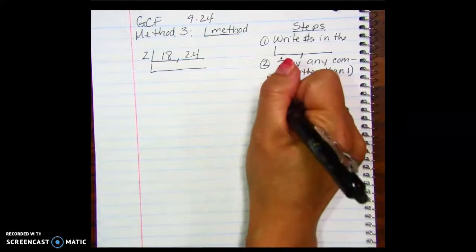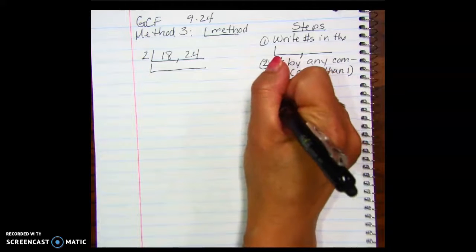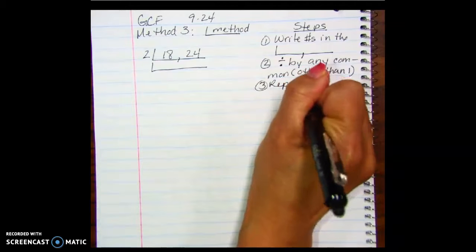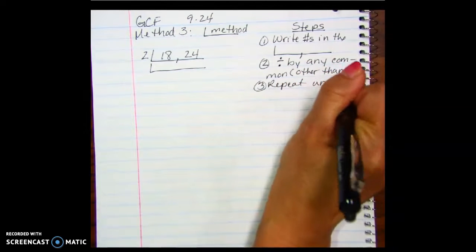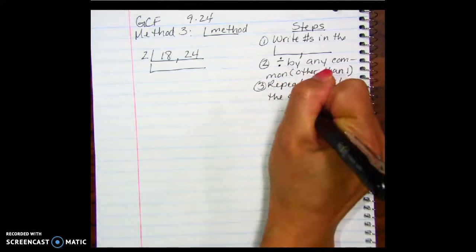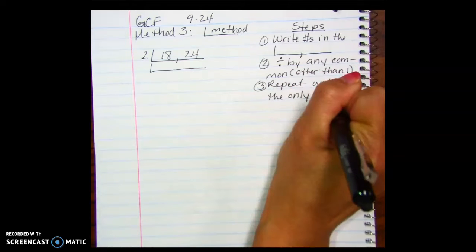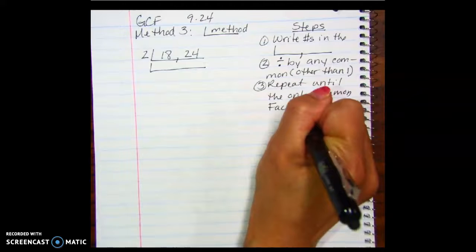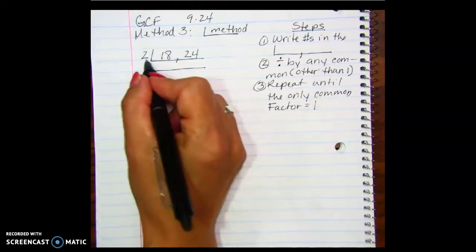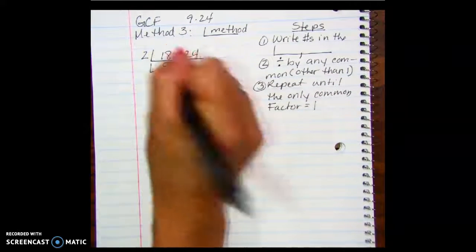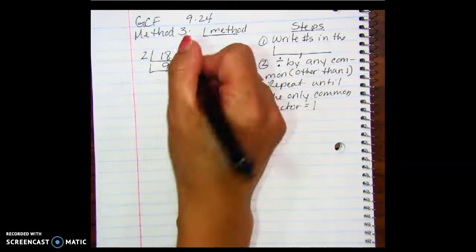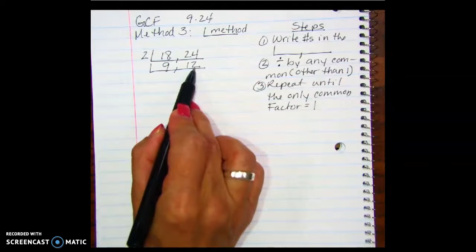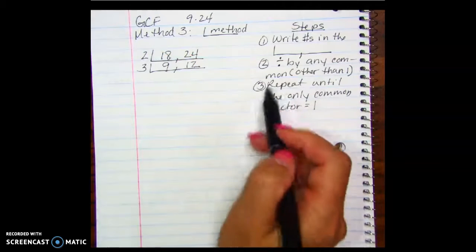And then step 3 is to repeat until the only common factor is 1. So 2 goes into 18 9 times. 2 goes into 24 12 times. What factor does 9 and 12 share? 3. So that was my repeating.